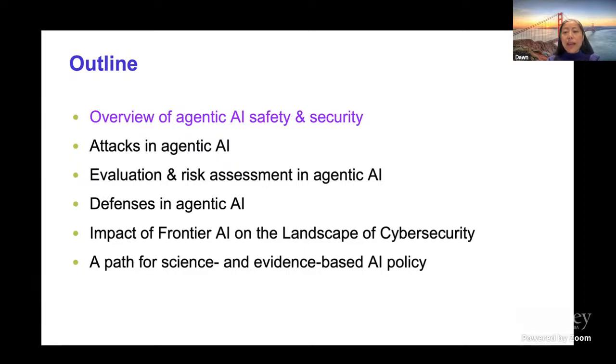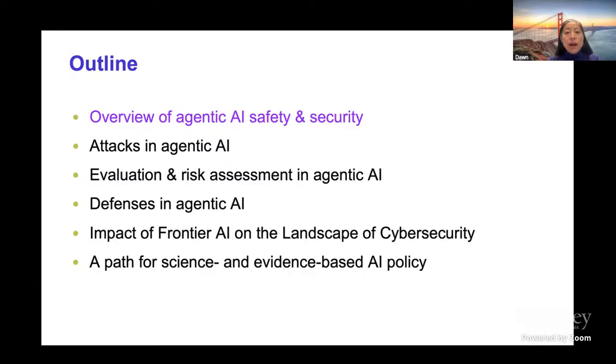And then finally, I also want to talk a little bit about the other side, how agentic AI can be misused, in particular in the domain of cybersecurity, and discuss the impact of frontier AI on the landscape of cybersecurity. And finally, I'll also briefly summarize our recent proposal on the path for science and evidence-based AI policy.